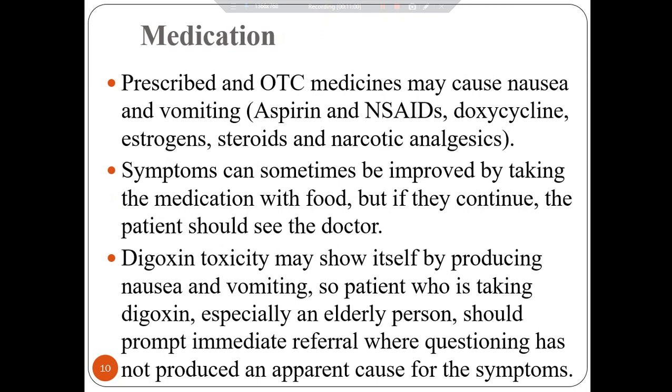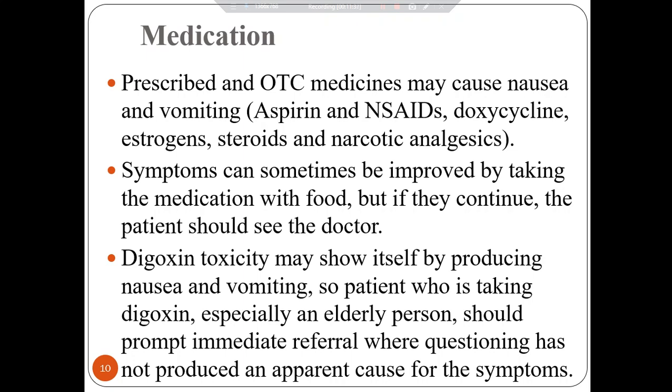If the symptoms of nausea and vomiting continue even though you advised this patient to take the medication after food to minimize these effects, then you should refer the patient. Digoxin toxicity may show itself by producing nausea and vomiting, so a patient who is taking digoxin, especially an elderly person, should prompt immediate referral where questioning has not produced an apparent cause of the symptoms.